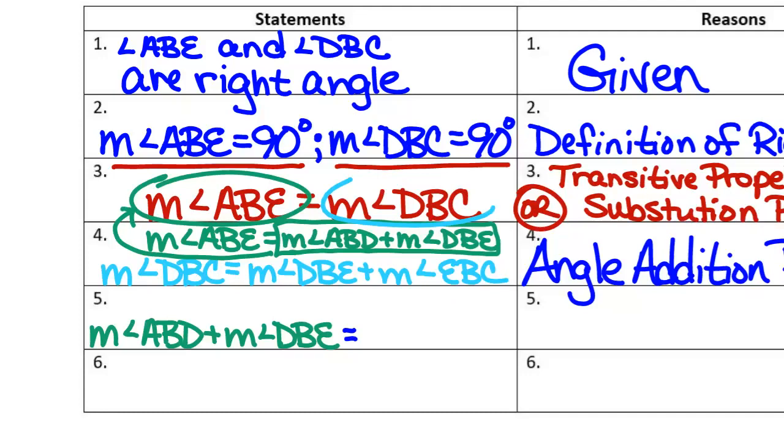Can I do something similar for the right-hand side? Do I know something that's the same as DBC? What is the same size as DBC? DBE plus EBC. This right here can take the place of the right-hand side.